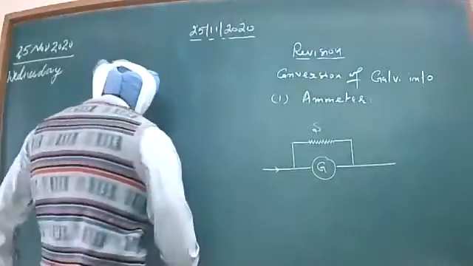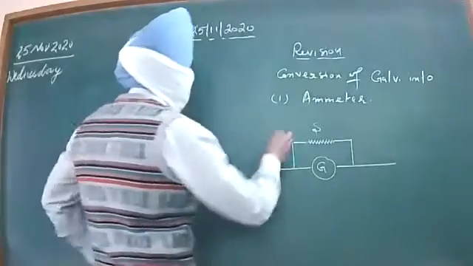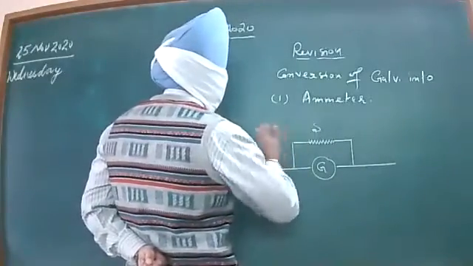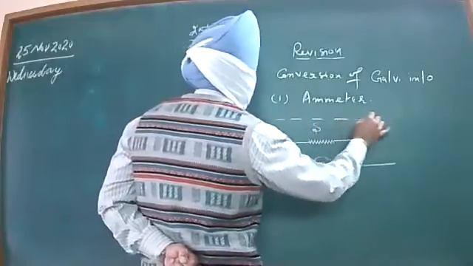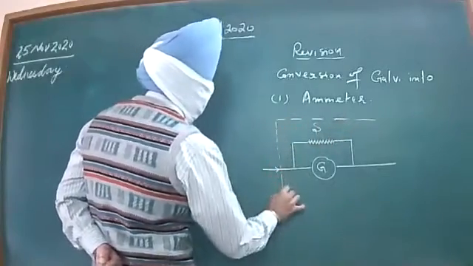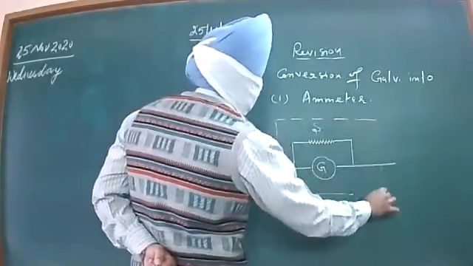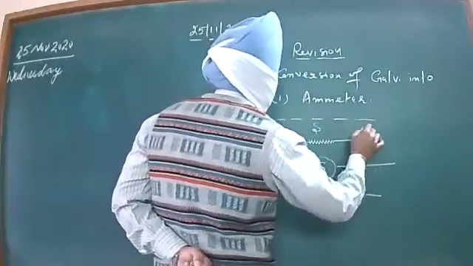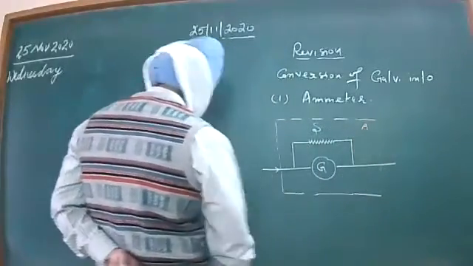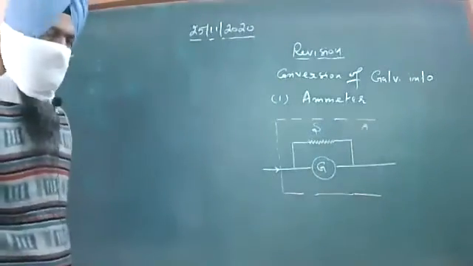Now, imagine that you are sending a current towards this particular setup or device. This whole device is called the ammeter. This dotted line indicating this box is called your ammeter.